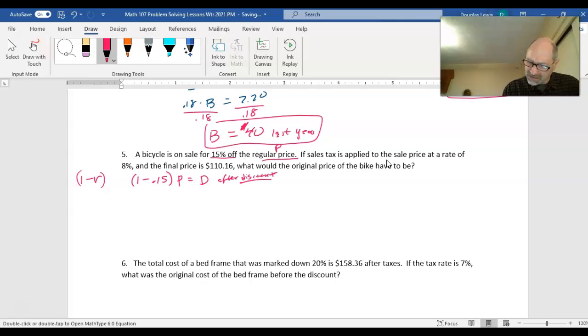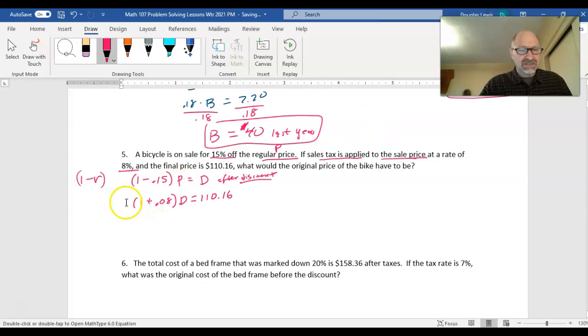And then it says if sales tax is applied, that means you're going to pay more on the sale price. That's the discounted price. If you add something to the D, the discounted price, at a rate of 8%, then the final price is $110.16. So that tells us that 1 plus the tax rate, which is 8%, or 0.08, times D. Now we add that tax onto the discounted amount, and that should give us $110.16.